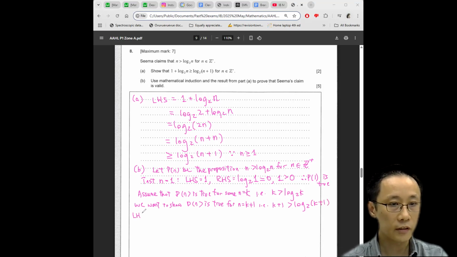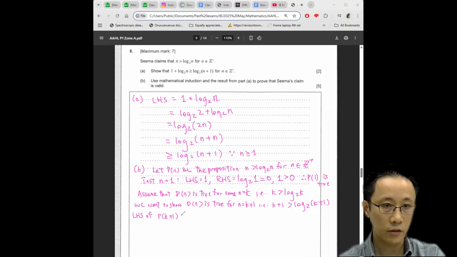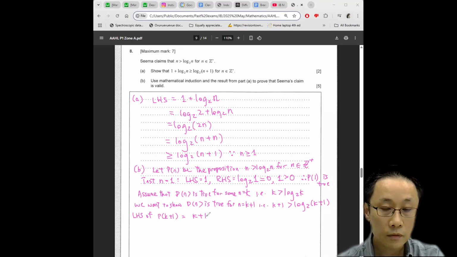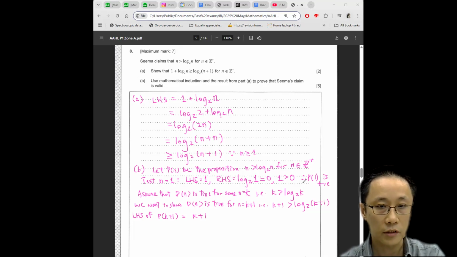The left-hand side of P k plus 1 was simply equal to k plus 1 alone. And the assumption says that k itself is bigger than log 2k.